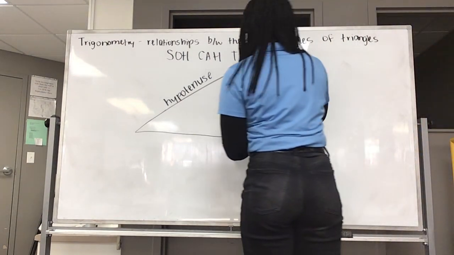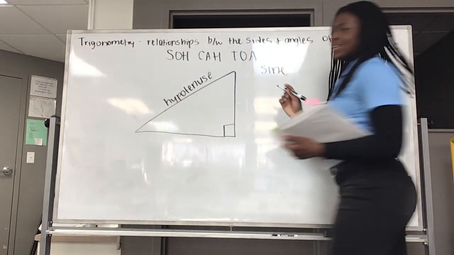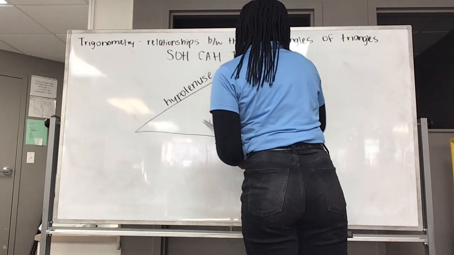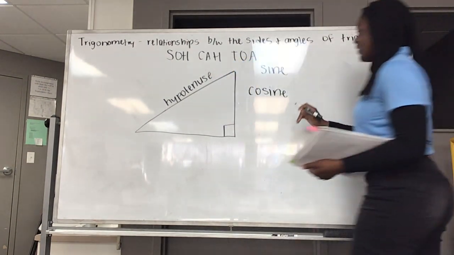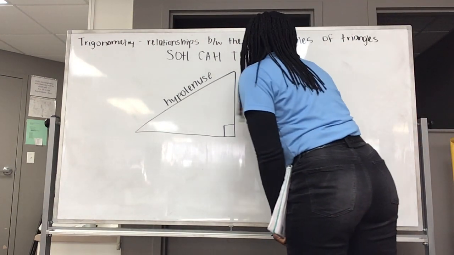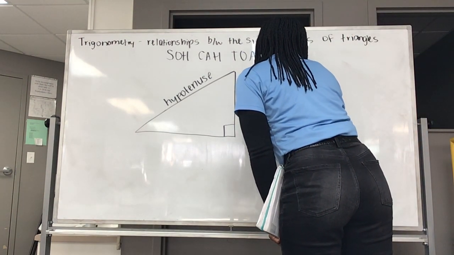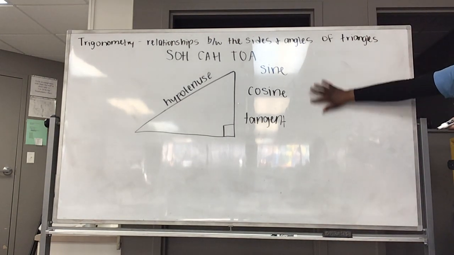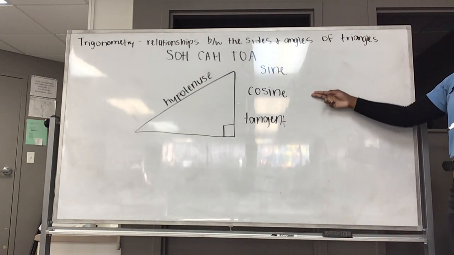I'm going to write these all out for you. Sine is spelled S-I-N-E. Cosine is like sine but with a co in front. And tangent is spelled T-A-N-G-E-N-T. So SOHCAHTOA deals with these three ratios: sine, cosine, and tangent.